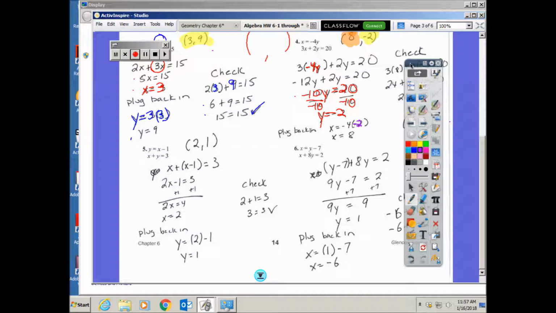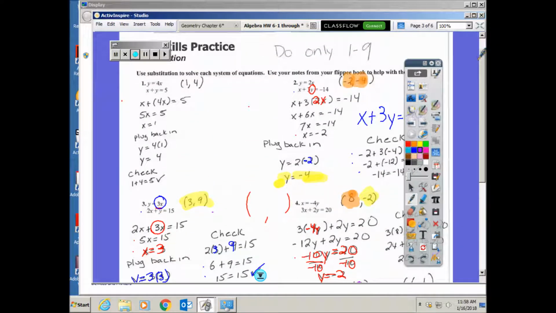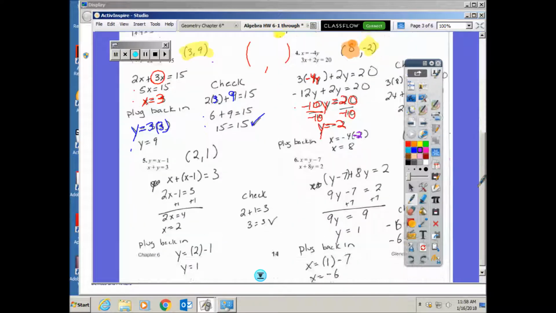So, problem 5, again, we have a variable. Right now it's a little different. Before we've had like x equals, it's a different type of problem. If you look here, this variable is equal to something times the other. This is multiplication. This is multiplication. This is multiplication.